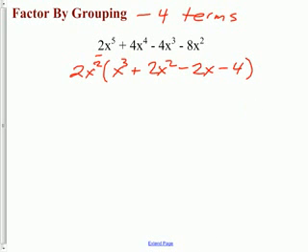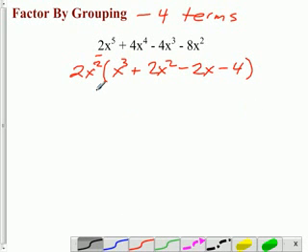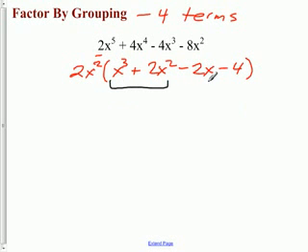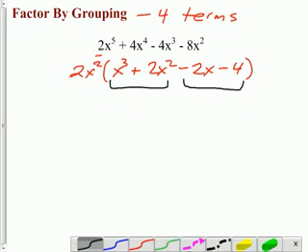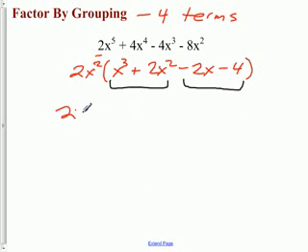Now I'm going to grab a different pen really quick and show you that here's where our grouping comes into account. I'm going to take a look at these two terms and these two terms, and pull out common monomials out of each of them. I'm going to leave the 2x squared here and put brackets in so that we can start to see it.